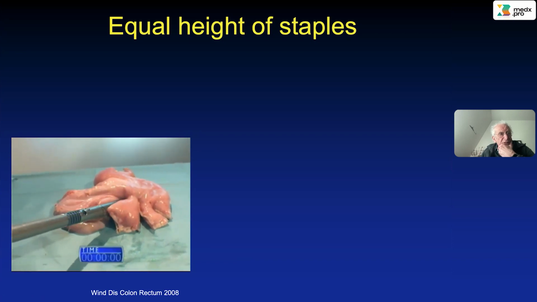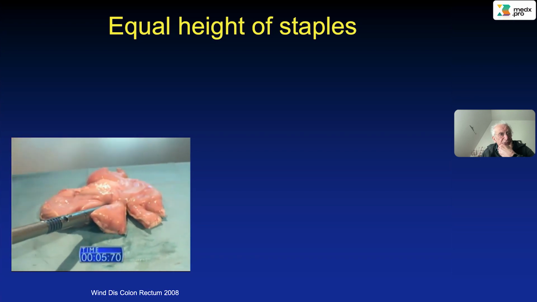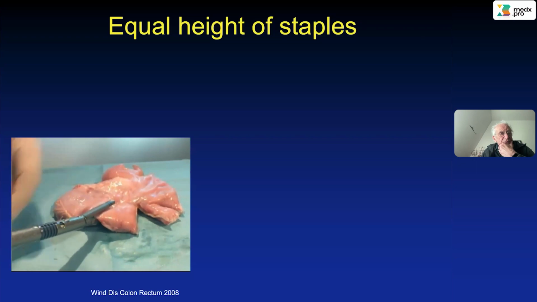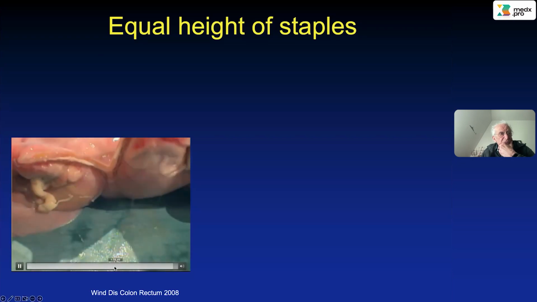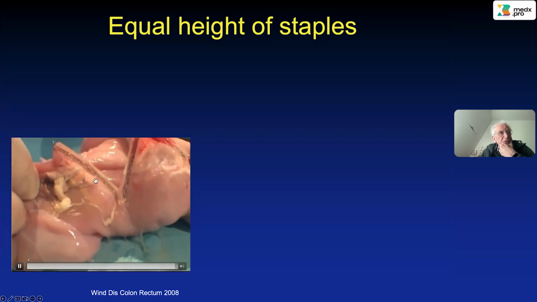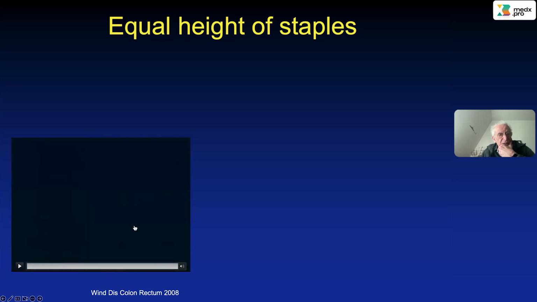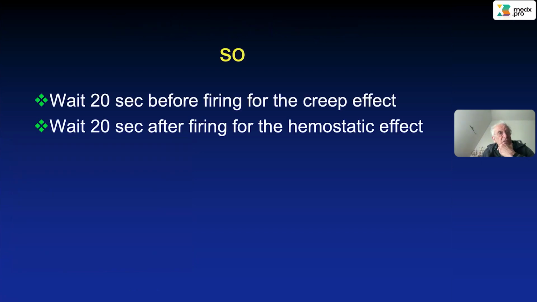Here they are not. Now they're parallel. And if you wait a sufficient amount of time, you have a correct anastomosis. Those are complete, well-formed staple lines. Good, well-formed staple lines. Okay, so you have to wait for 20 seconds. There's also the creeping effect that I'll talk about in a few minutes.